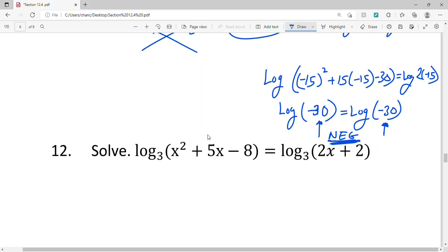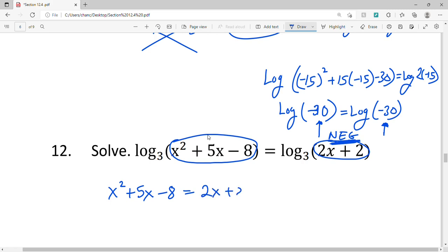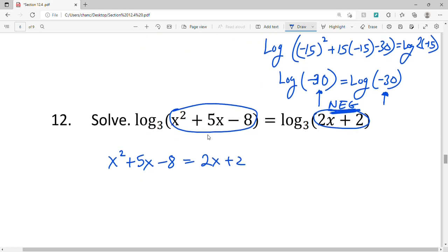Let's look at example 12. Again, I am going to remove the logs since they have the same base. We'll remove the logs and equate the arguments to each other. X squared plus 5x minus 8 is equal to 2x plus 2. I can now set this equation equal to 0.